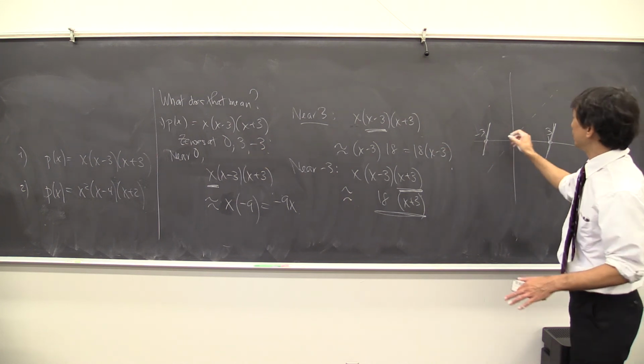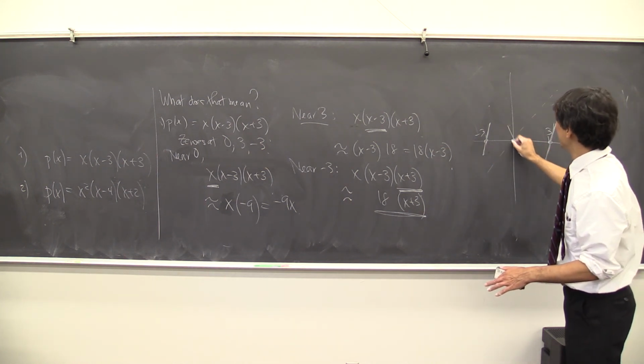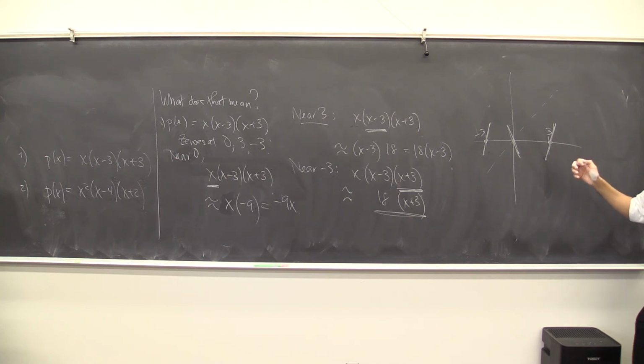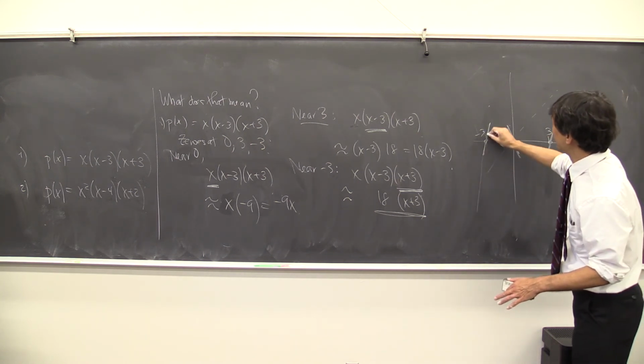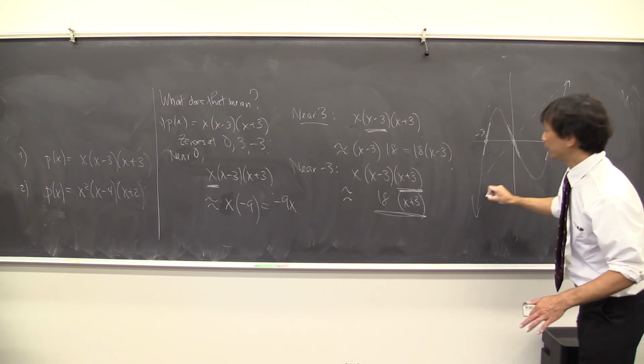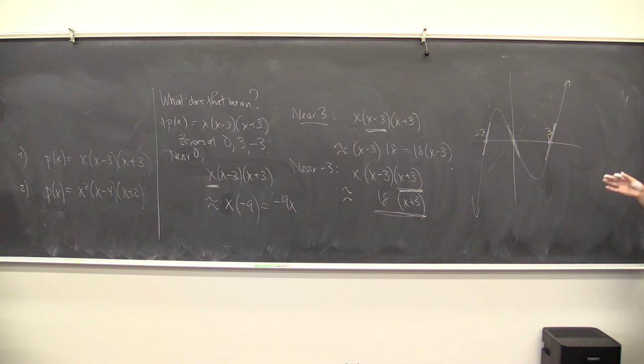And at 0, it looks like a line of slope 9, so the slope is half as steep. So that tells us that the graph actually looks something more like this. It gives us a better understanding of the behavior near the zeros.